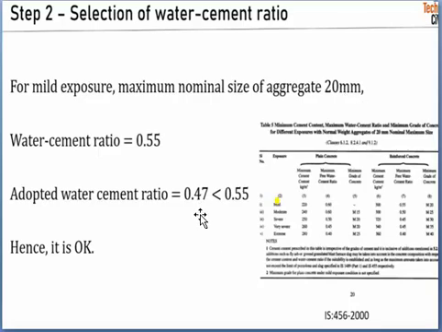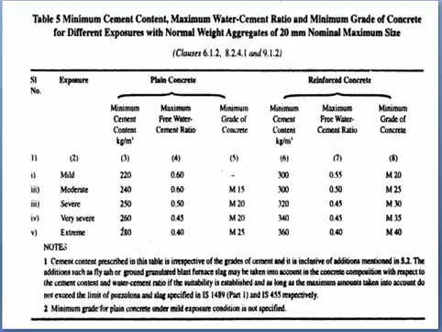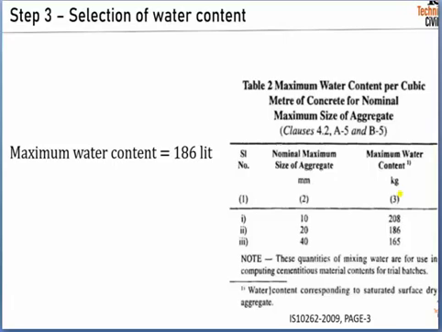If the water cement ratio is not given in the statement or in the question, then you can take any value below 0.55. It may be 0.40, 44, 46 or 0.50. So any value you can take. So this is your second step, selection of water cement ratio, which is based upon Table 5 of IS 456 2000. Then next is selection of the water content.